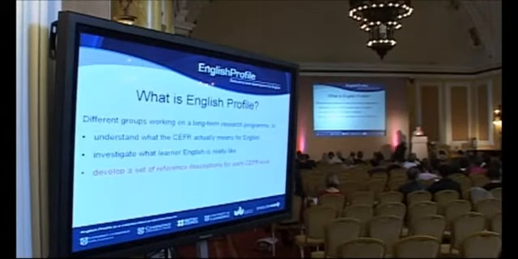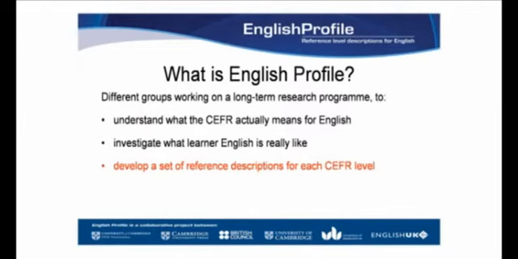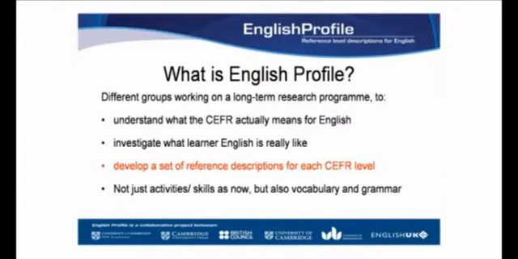The long-term goal of English Profile is to develop a set of reference descriptions for each of the 6 Common European Framework levels. So going from A1 right up to C2 to develop these descriptions. And, as I alluded to just now, we're not just thinking in terms of can-dos, activities.